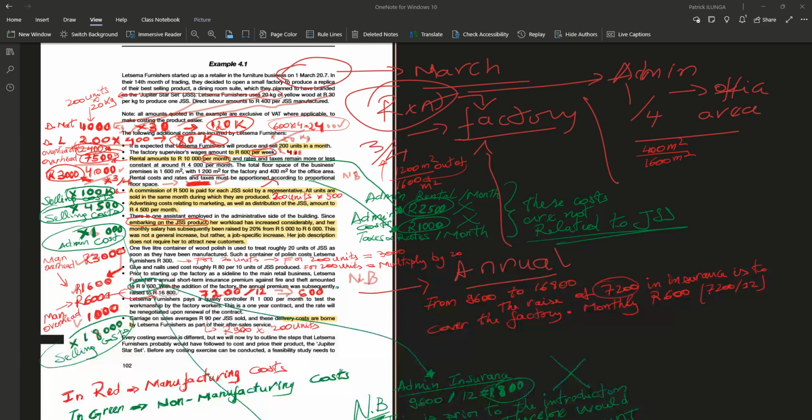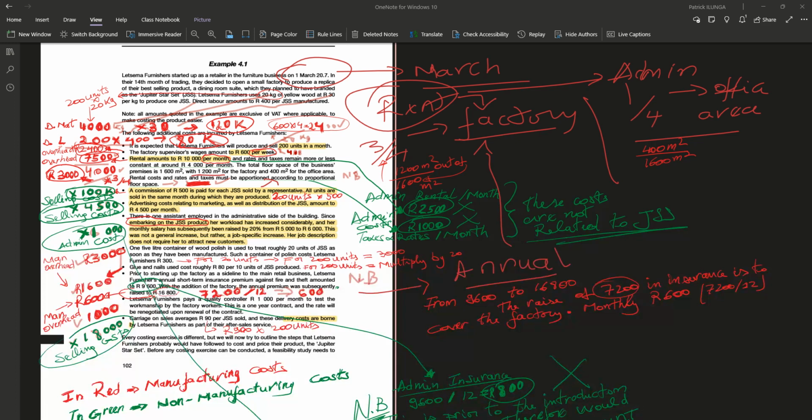So it's quite clear that 200 units will be produced in that particular month, obviously the month of March. Look at the title there. But that commission goes to a sales representative.